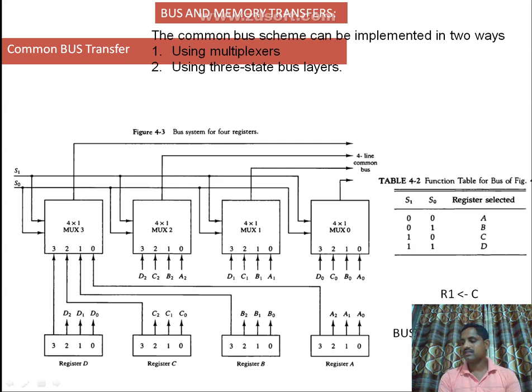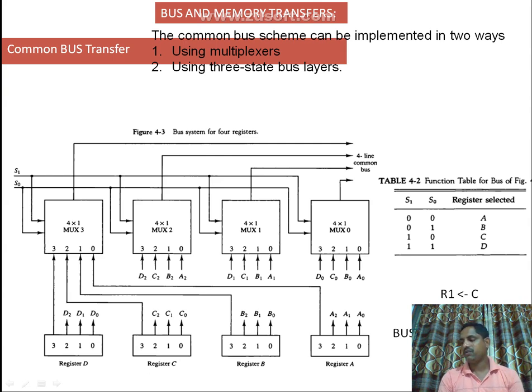The construction of a bus system for four registers, each register having four bits numbered 0 to 3. The bus consists of four 4-by-1 multiplexers, each having four data inputs 0 to 3: A0, B0, C0, D0, A1, B1, C1, D1, A2, B2, C2, D2, A3, B3, C3, D3.